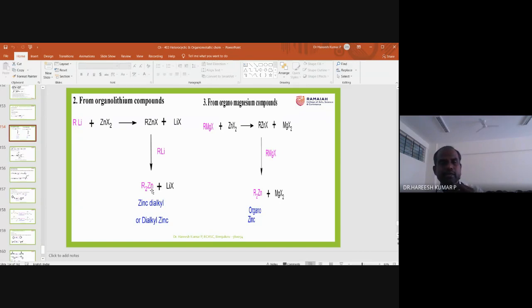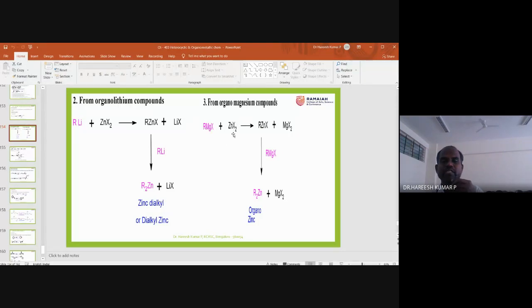So this is the second method. First method: reaction of elemental zinc with the alkyl halide. Second method: reaction of zinc halides with organolithium compounds. And the third one: reaction of organomagnesium compounds. RMgX is an organometallic compound.